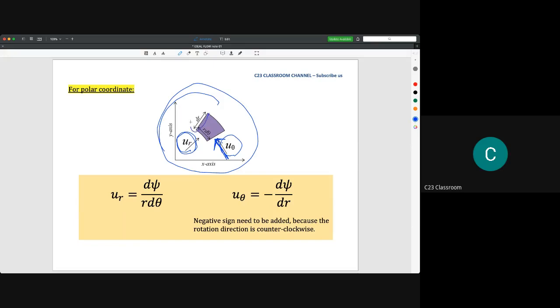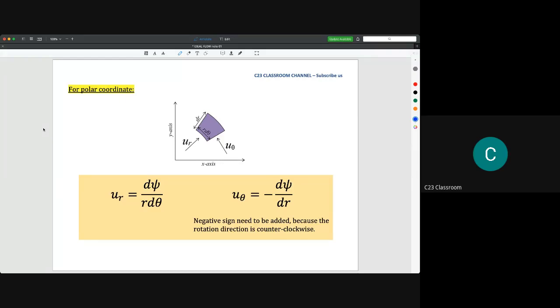The distance here is dr, and the distance here is r d theta. So I hope you're familiar with the diagram, and you could draw it by yourself. And then we could write the ur here as d psi over r d theta.